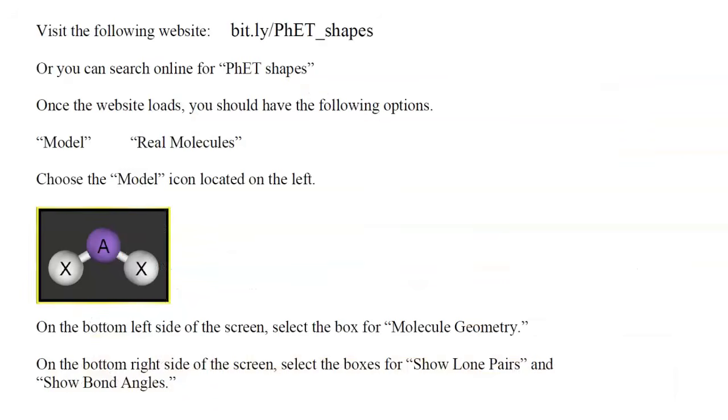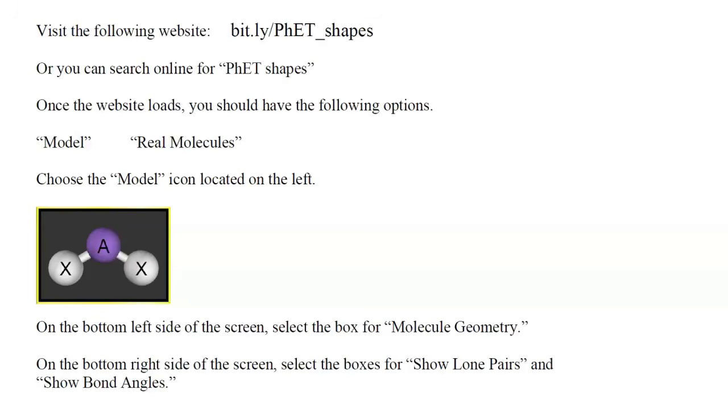In your packet, there is a link to visit the following website, which will take you to the PhET simulation on molecule shapes. Or you can search online for PhET, P-H-E-T, and the word shapes, and that will take you to the PhET simulation for molecule shapes.